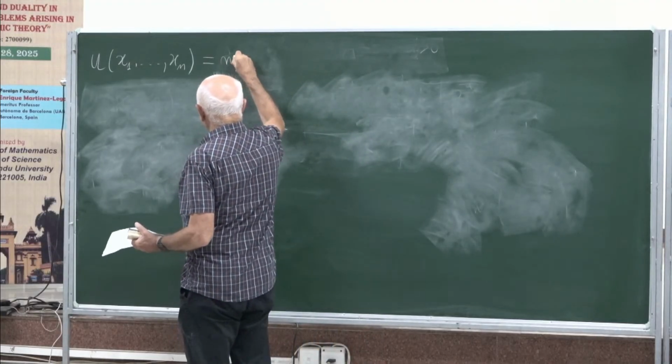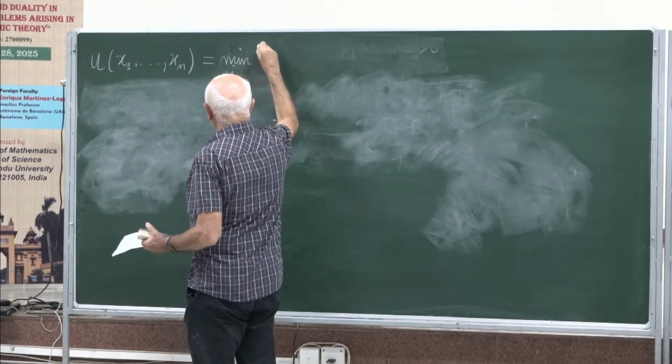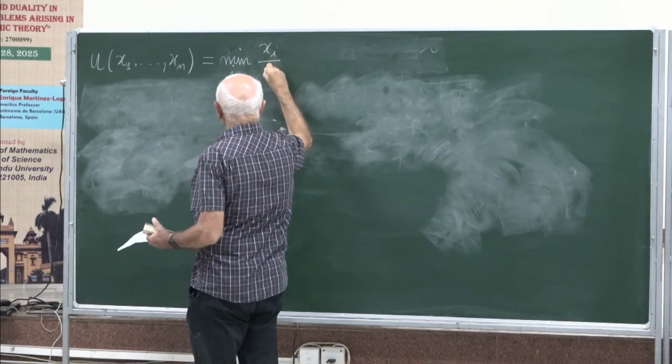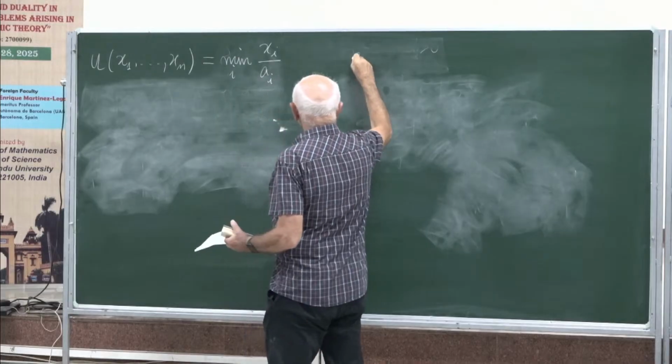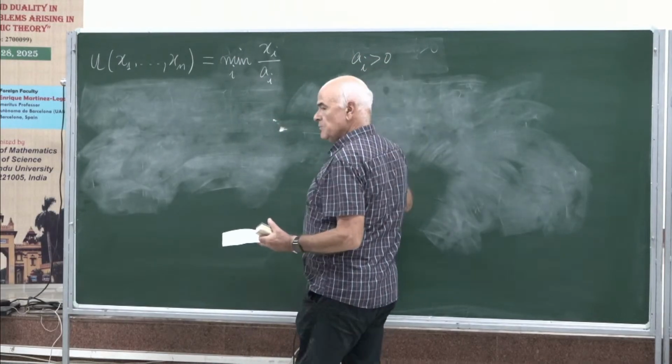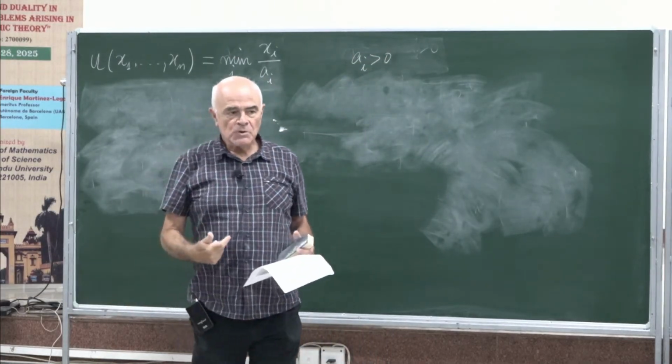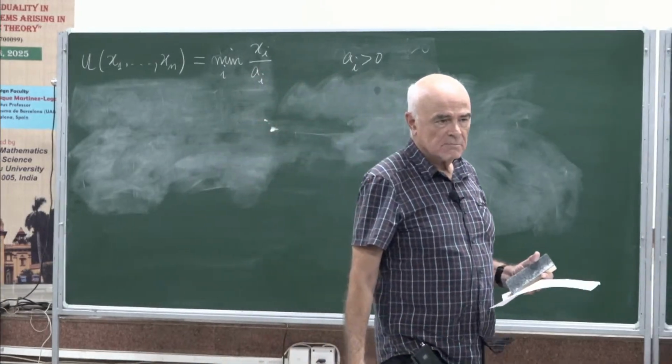This is the minimum over i of xi over ai for ai positive. It also makes sense as a utility function.